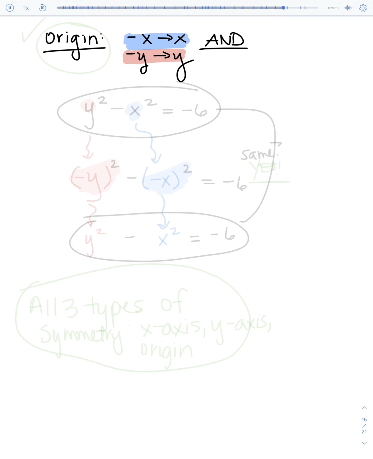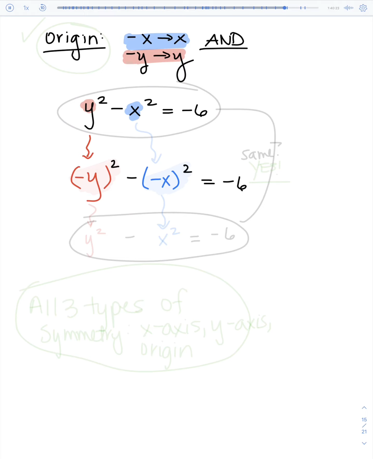So our original equation was y squared minus x squared equals negative 6. And I'm going to replace any y's with a negative y, which notice the y's are squared, minus, I'm also going to replace my x's with a negative x, which is also squared.